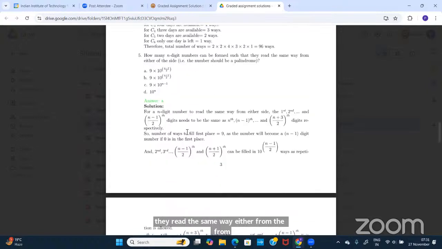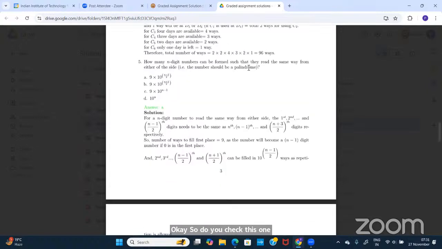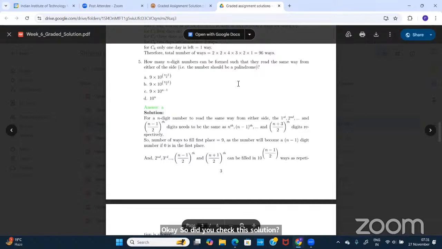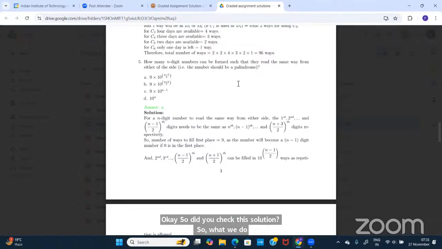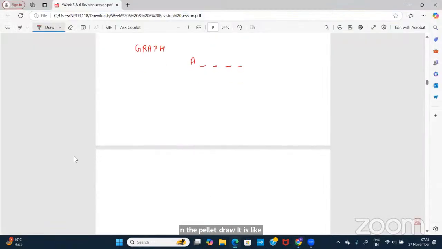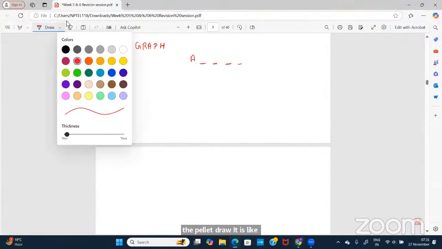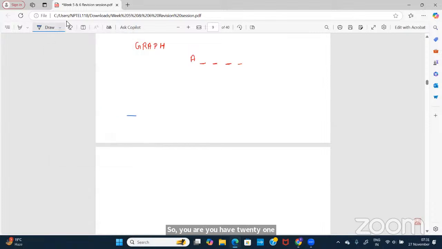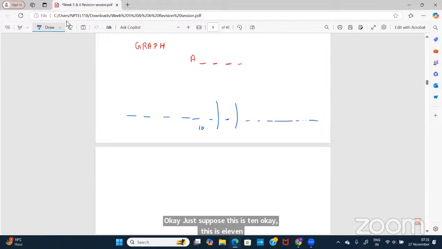So did you check the solution? So what we do in the palindrome is, you have 21 digits. Suppose this is 10 digits, this is 11, then again 10, so that will be a total of 21, right?